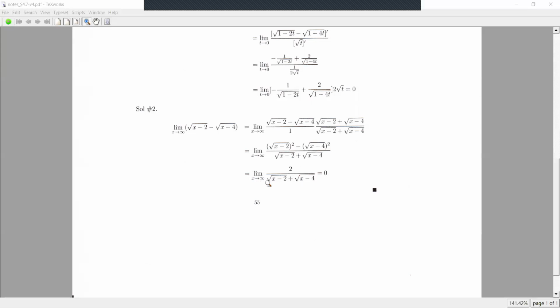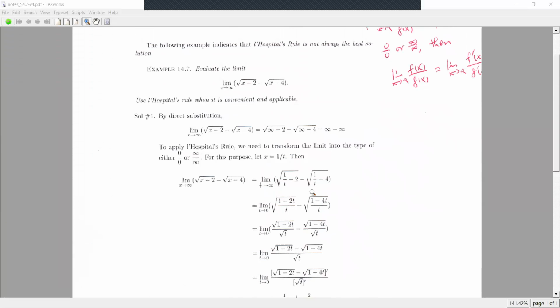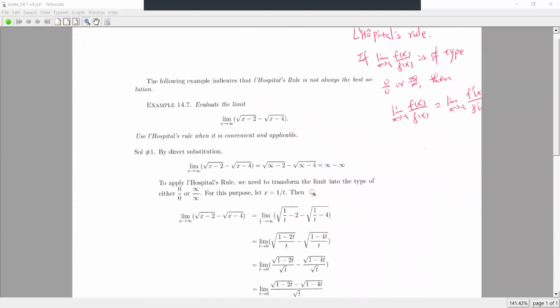As x approaches infinity, x minus 2 will approach infinity, and x minus 4 will approach infinity. So square root of infinity plus square root of infinity is infinity. So 2 over this will approach 0. From this example, we see that in mathematics, a low method is perfect. Even though L'Hopital's rule is powerful, sometimes it is very tedious.